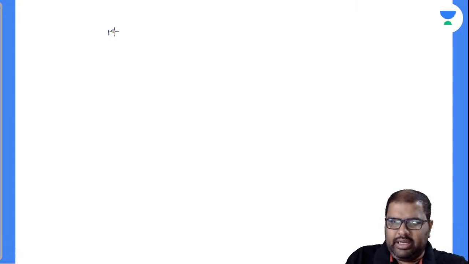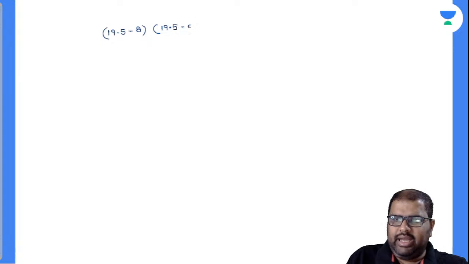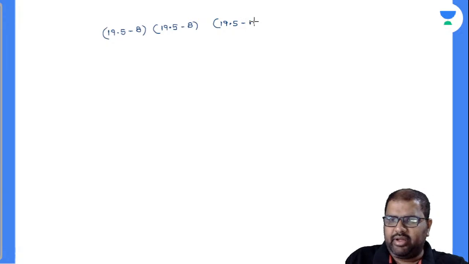S is nothing but 19.5 minus 8, one line segment length. 19.5 minus 8, of course, another one. CD will be the same, 19.5 minus 11.5. 19.5 minus 11.5. Hope you are understanding my logic there. Calculate this value and that will be my answer there.